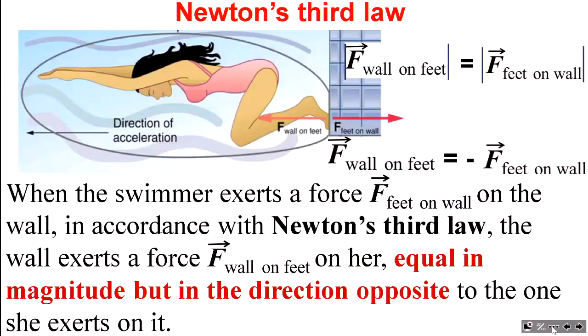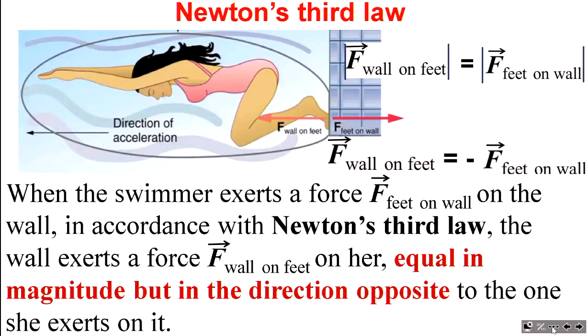This statement has a name, the third Newton's law. And the official statement says, when two objects interact, they exert on each other forces which have the same magnitude and opposite direction and act along the same line.